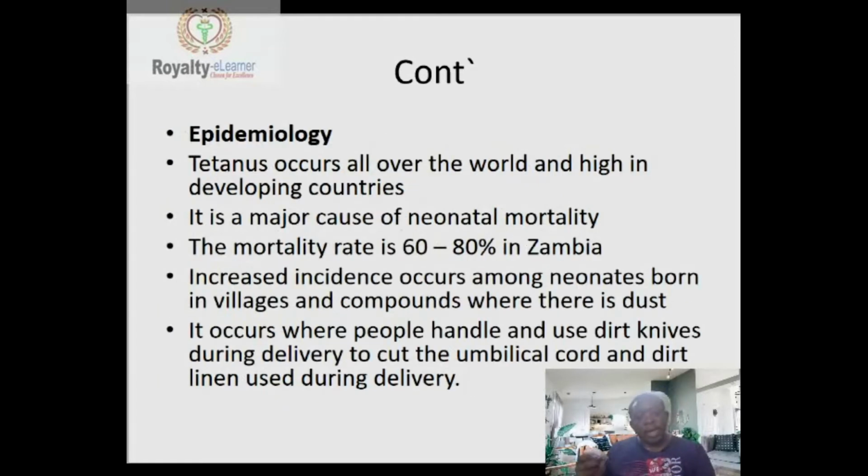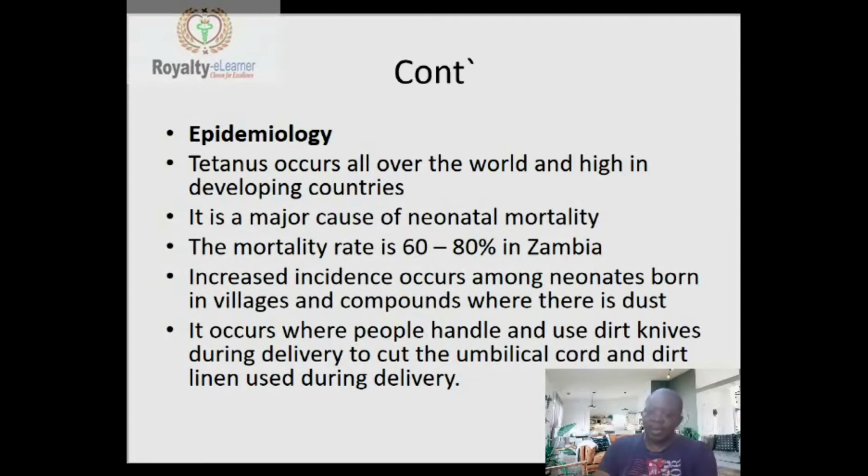Let's now look at the epidemiology of tetanus neonatorum. Tetanus occurs all over the world and is high in developing countries. It is a major cause of neonatal mortality. The mortality rate is about 60 to 80% in Zambia.